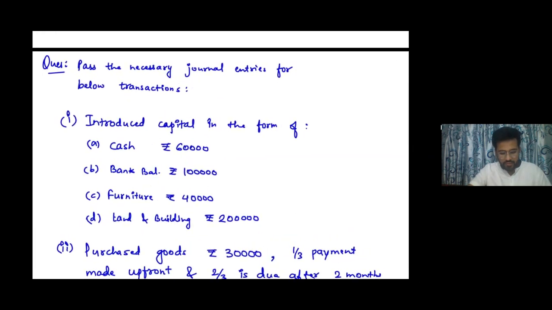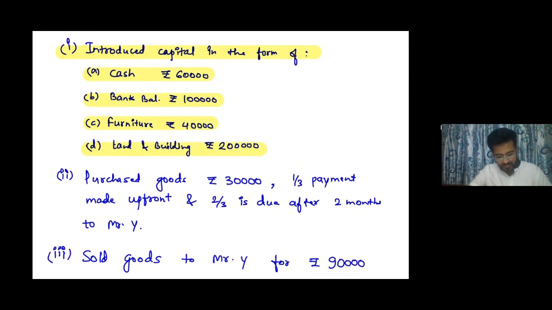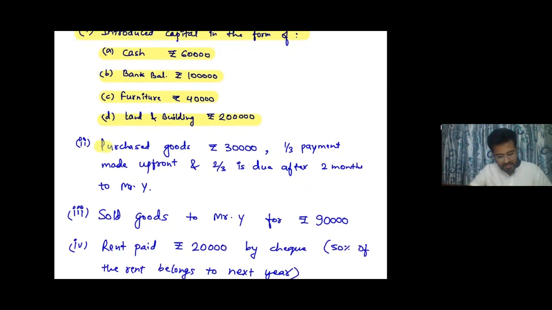I am reading it out for those who have missed it. We introduced the capital in the form of cash, rupees 60,000. We had the bank balance of 1 lakh, furniture of 40,000, land and building of rupees 2 lakhs. Then we purchased goods of 30,000.